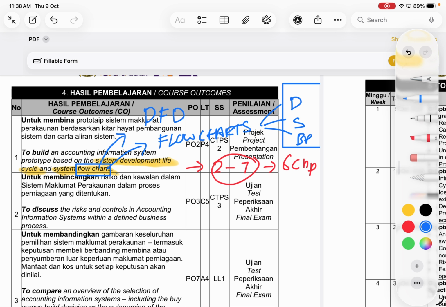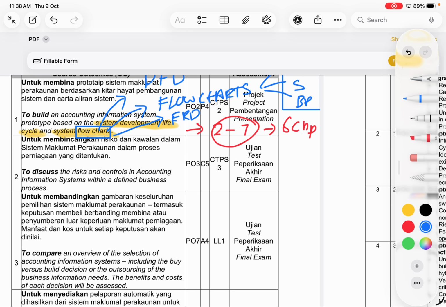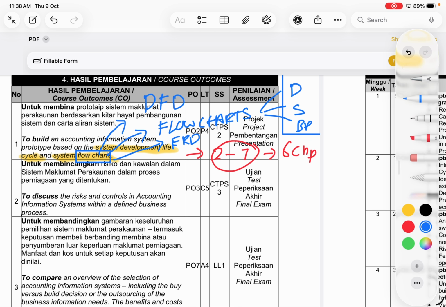Then we have another diagram over here, which is the ERD. In your ACW482, when you did the database development, remember, you have all the tables, and all the tables have relationships. Entity relationship diagram. That's another diagram that you should equip yourself with.